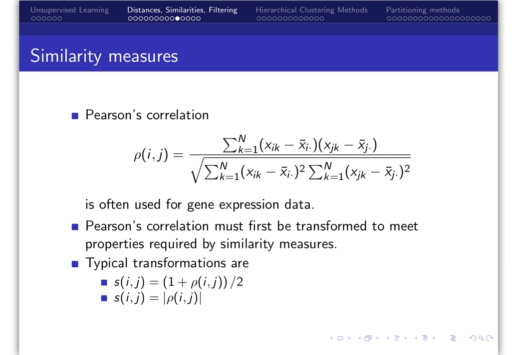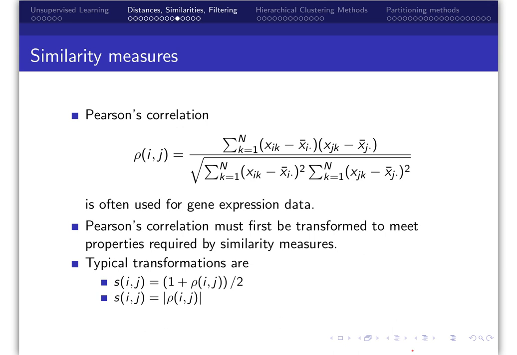Remember, Pearson's correlation is on the -1 to 1 interval. Typical transformations are the quantity 1 plus correlation divided by 2, which treats highly positively correlated genes as being similar, but highly negatively correlated genes as being dissimilar. And the absolute value of the correlation, which treats both highly positively correlated and highly negatively correlated genes as being similar.